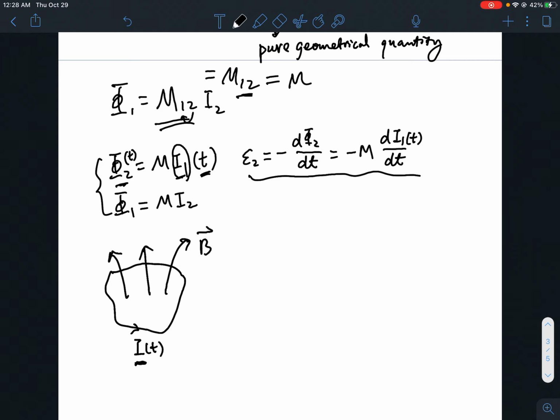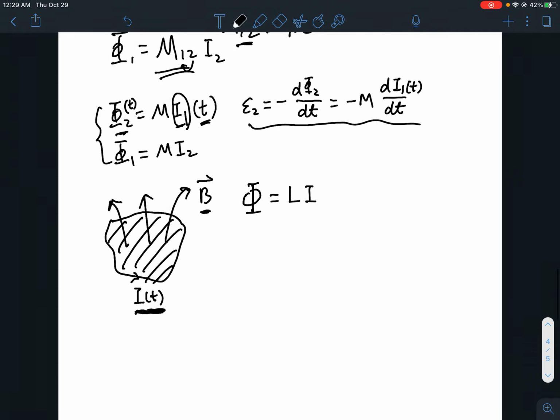Now let us assume this current changes as a function of time. That means the B field also changes with time, and that means the flux of this loop also changes with time. We can call the flux L times I. This L is called the self-inductance.